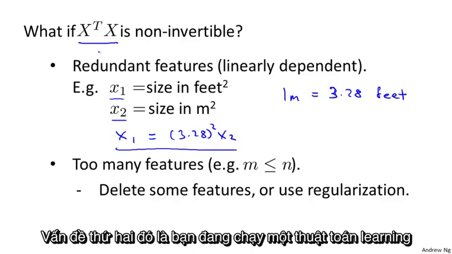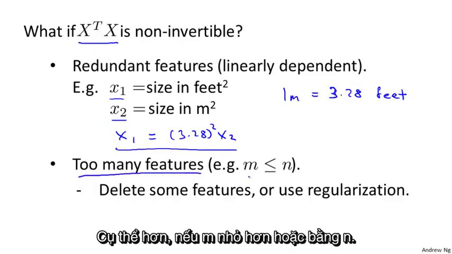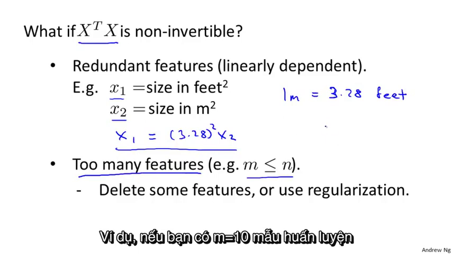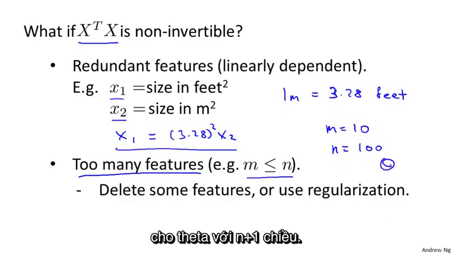The second thing that can cause X transpose X to be non-invertible is if you're trying to run a learning algorithm with a lot of features. Concretely, if m is less than or equal to n. For example, if you have m equals 10 training examples, but you have n equals 100 features, then you're trying to fit a parameter vector theta, which is n plus 1 dimensional, so it's 101 dimensional.